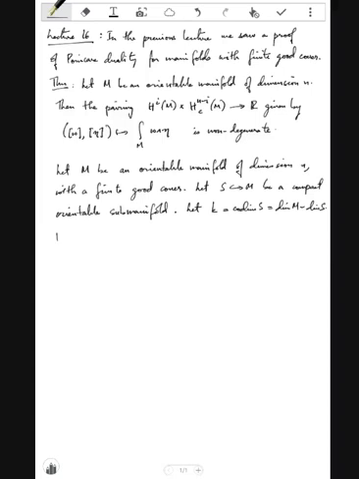So then we can use S to define a map H^(n-k)(M) to R. So how do we define this map? Let omega be a class in H^(n-k)(M).